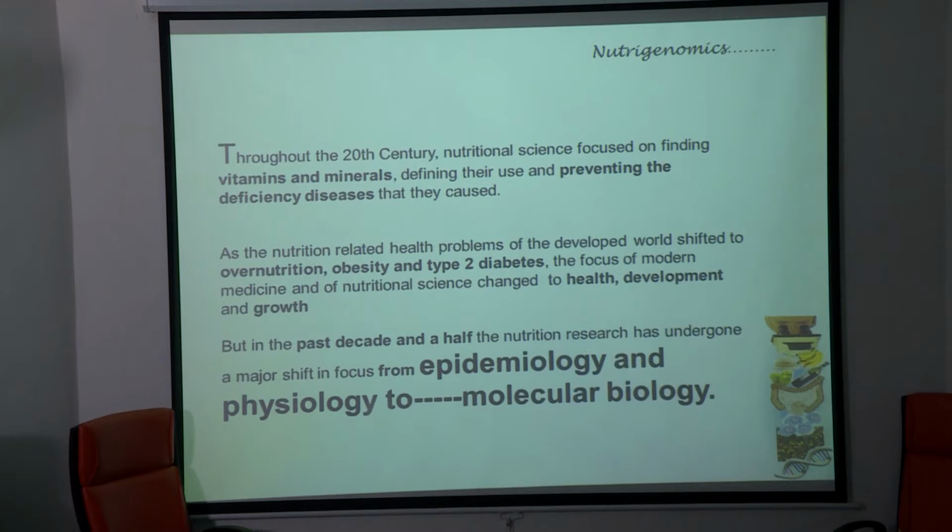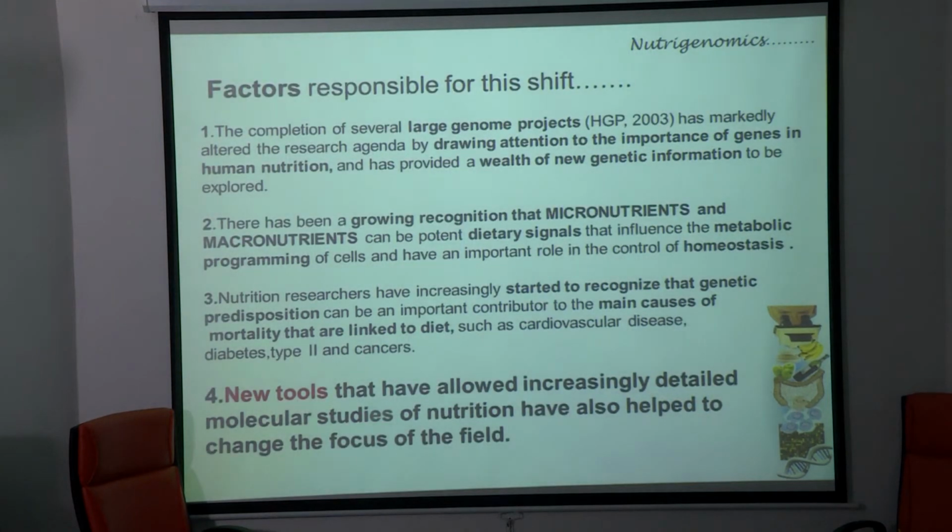But in the past decade and a half, we have seen a very big leap in nutritional science. The shift is now from epidemiology and physiology to molecular biology. How? We'll just see. There have been factors responsible for this shift. The most important one was the completion of the Human Genome Project in 2003.